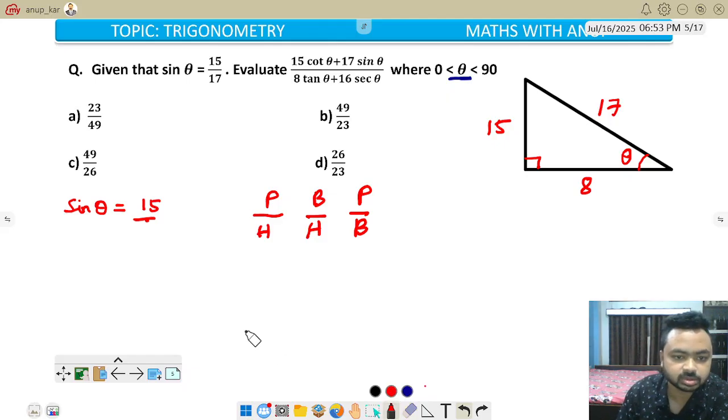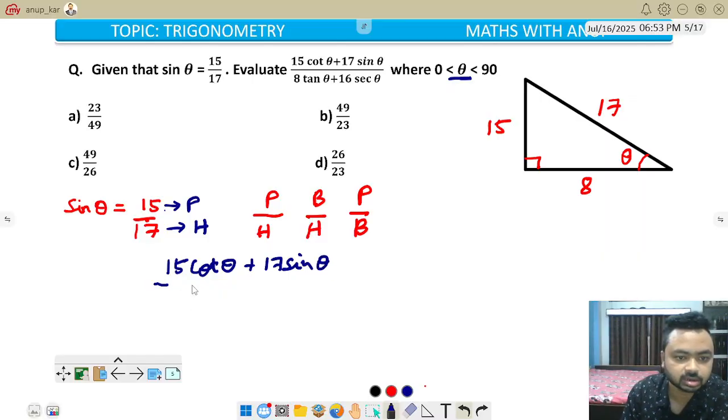Sin theta is given to be 15 by 17. This is my perpendicular, this is my hypotenuse. We have been asked to calculate 15 cot theta plus 17 sin theta, upon 8 tan theta plus 16 sec theta.